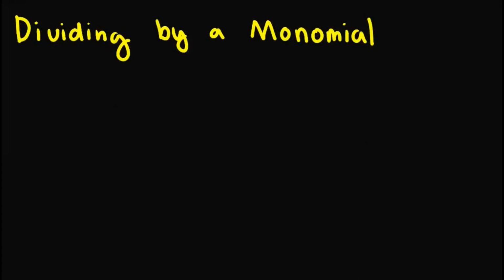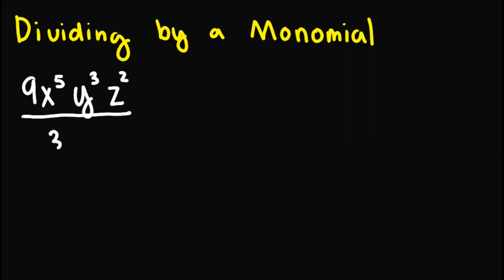Let's start with the basic one, which is a monomial divided by a monomial. Let's have this as an example: 9x raised to 5 times y cubed times z squared all over 3xyz.